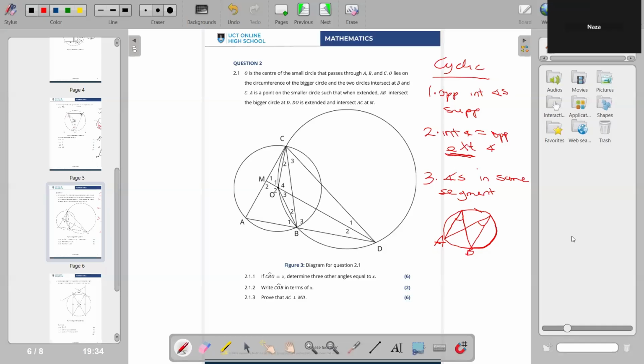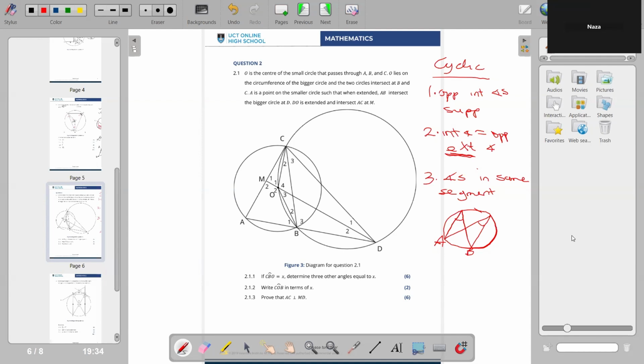and C. O lies on the circumference of the big circle. The circumference of the big circle and the two circles intersect at B and C, sorry.